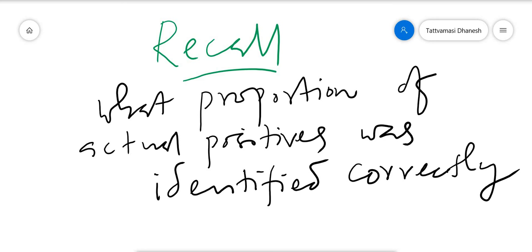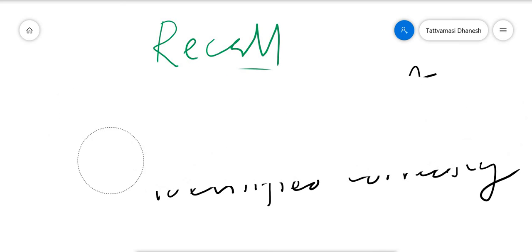If you need the formula for recall, I can give you the formula.